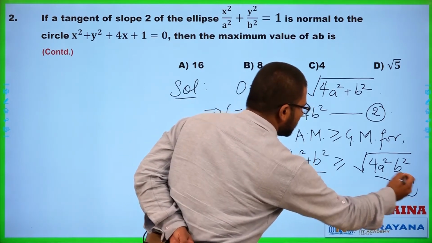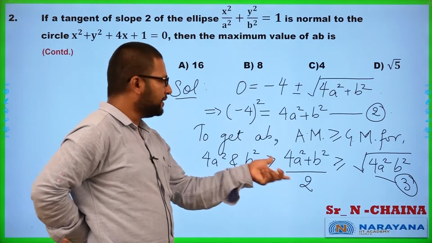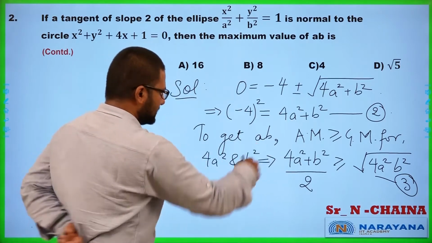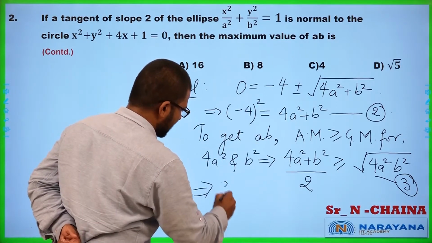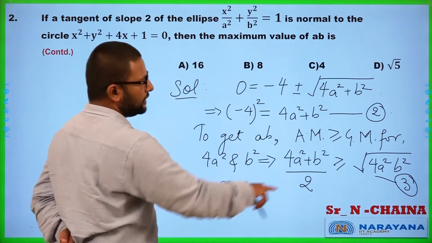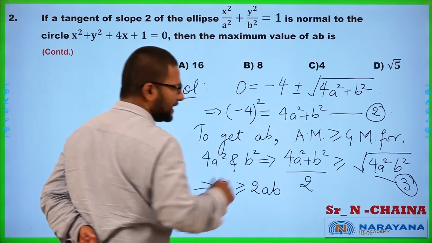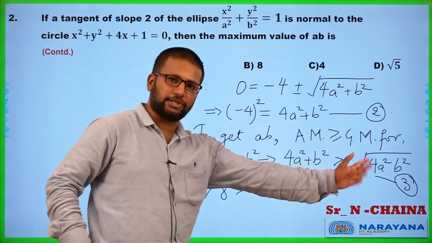But from equation 2, I can replace 4a square plus b square with 16, substitute that, what do we get? 16 by 2, 8. So I have 8 is greater than or equal to, look at that, is 2ab, correct? I don't have to take a mod because everything is positive, right?